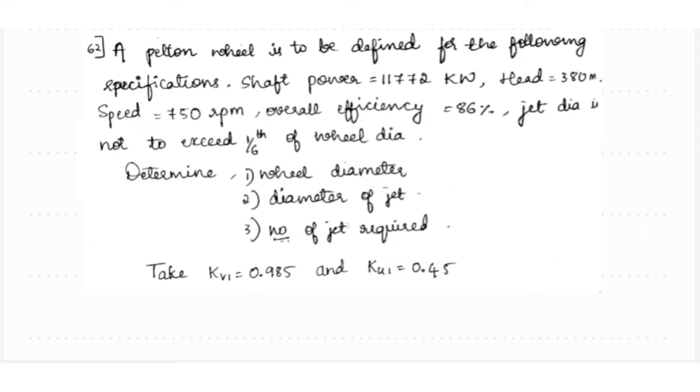We have to determine, first, the wheel diameter, capital D. Second, the diameter of jet, small d, and third, the number of jets required. Here take Kv1 is equal to 0.985 and Ku1 is equal to 0.45.